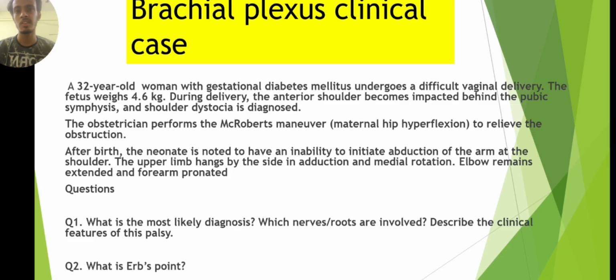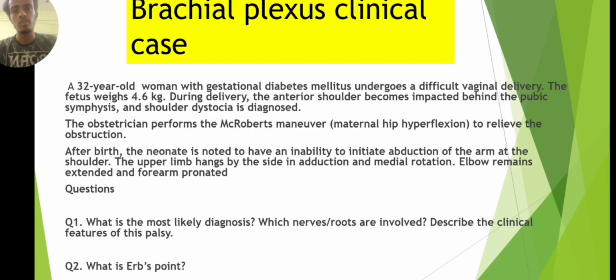But during this, there may be a chance that the angle between the shoulder and the neck will be increased. But if I am not able to judge this, or not able to understand, will I still be able to diagnose it? Yes, you will be able to diagnose it, because after this you will see some features and you can easily find it out. It is a case of Erb's paralysis.